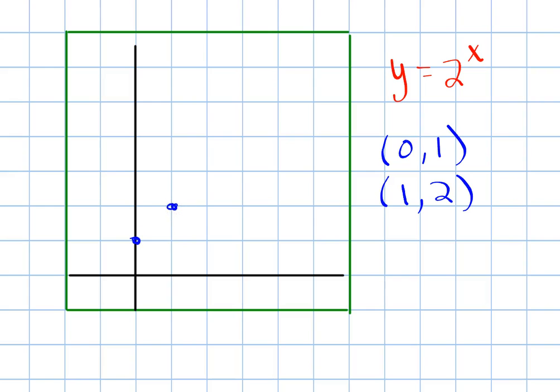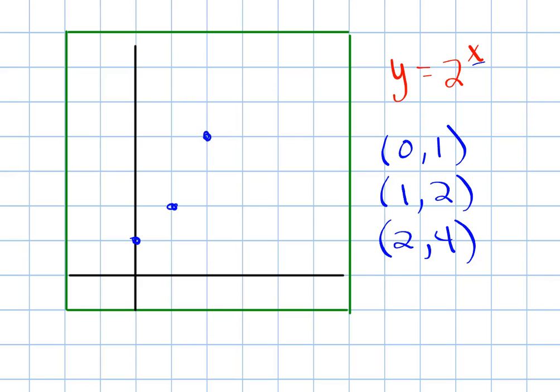If I only plot those 2 points, I have a line instead of a curve. So I need something else. I could make a table, or I can plug in another number. What if I plugged in a 2 for x? If x is 2, what's 2 squared? 4. So I could plot the point 2, 4.